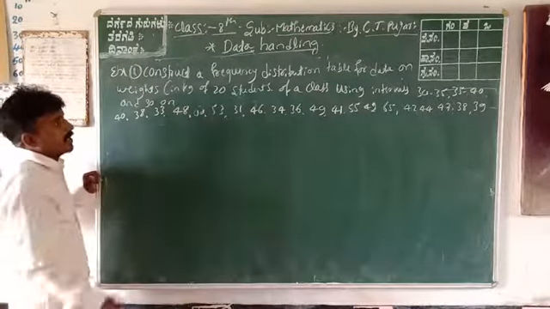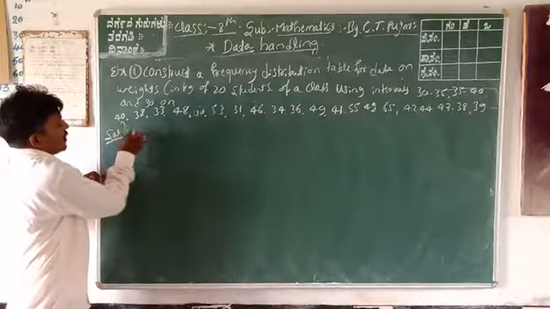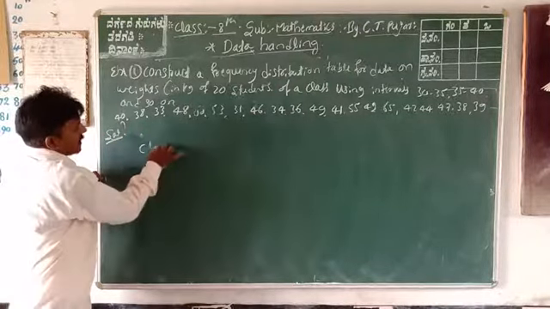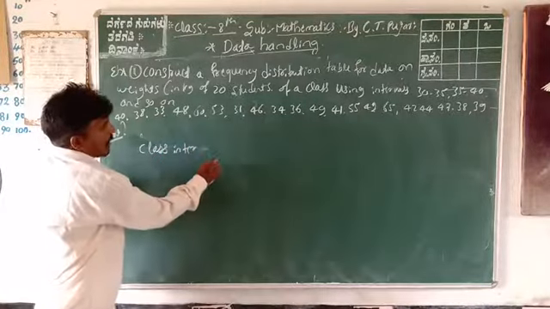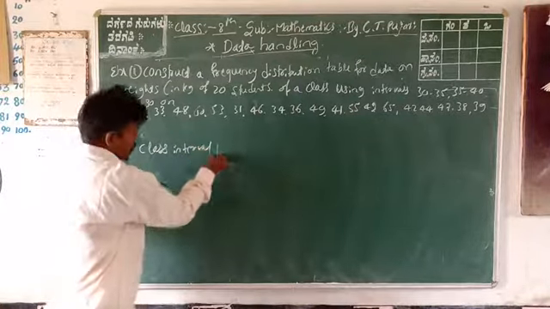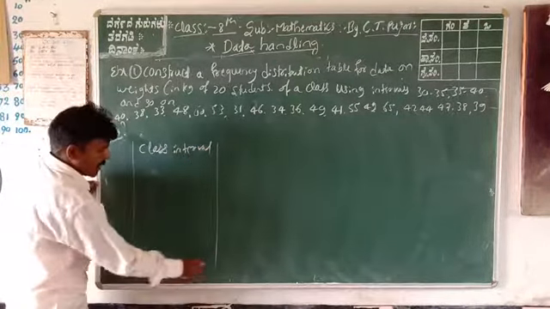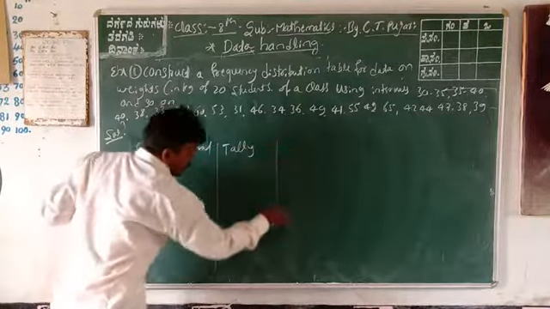In the solution, you can write one side as class interval. The next side is tally marks. Tally you can write, otherwise no problem.